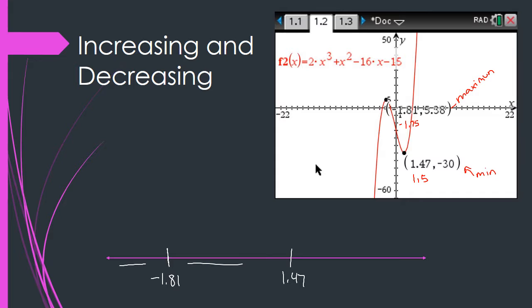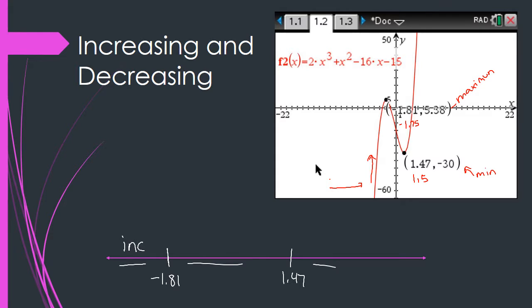I have 1, 2, 3 intervals. So the first interval is from negative infinity to my maximum. So I'm looking here and I'm saying, what is happening when I go from negative infinity up to my maximum? Here are my x values, and my function, my f of x, my y values are going up. So my function is increasing.